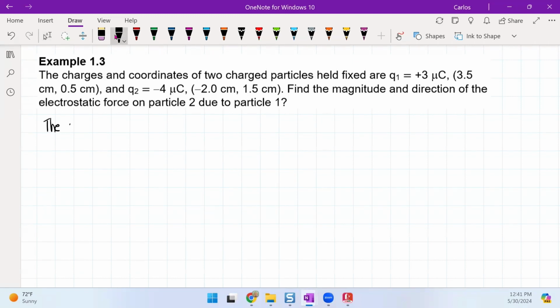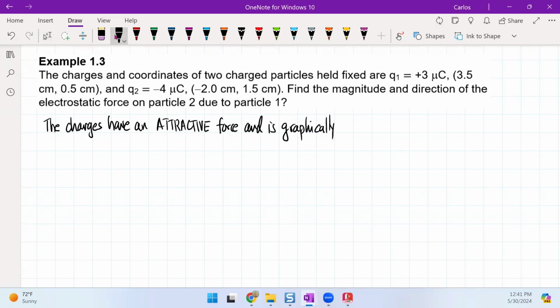The charges have an attractive force, and it is graphically shown as follows.